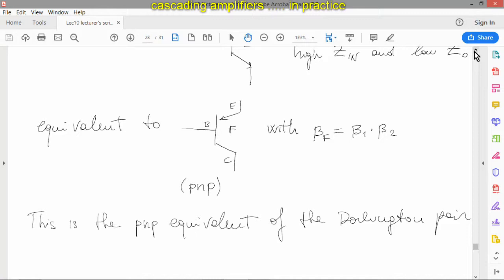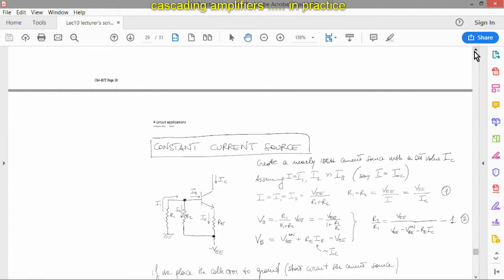This combination here would behave in the end as a PNP. Okay, so that kind of completes what I wanted to show you in terms of cascading amplifiers, and also some nice configurations like the Darlington, for example. I think that's quite nice.